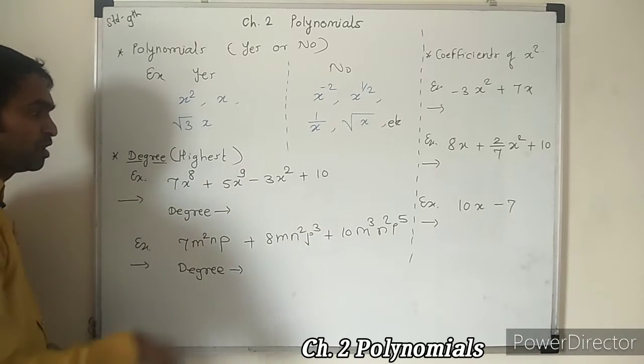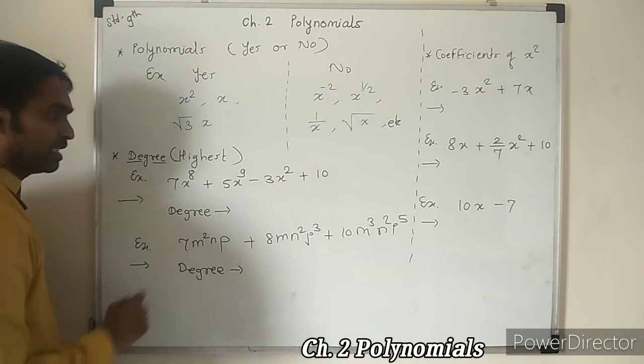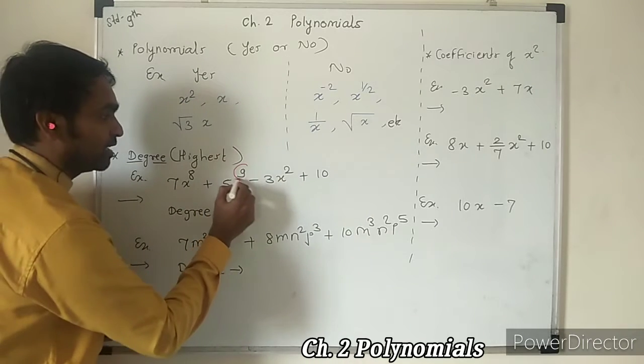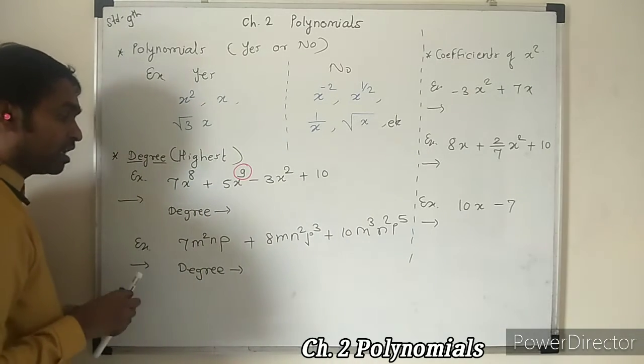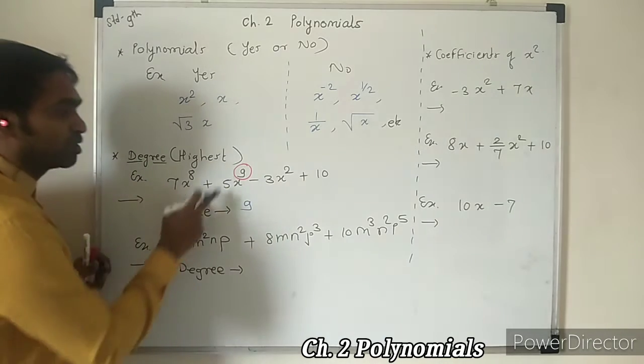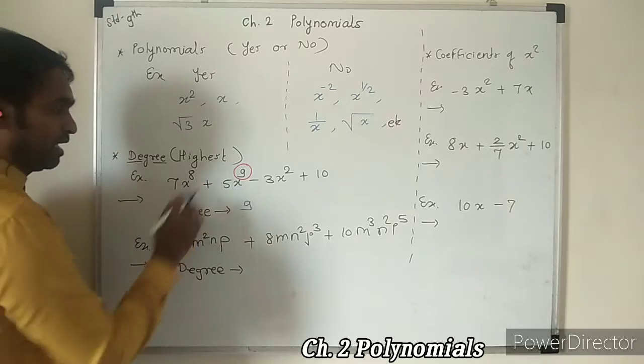Here which one is the greatest power of x? That is 9. So you have to write always the highest degree. So what is the answer? 9, because here the highest degree is 9.